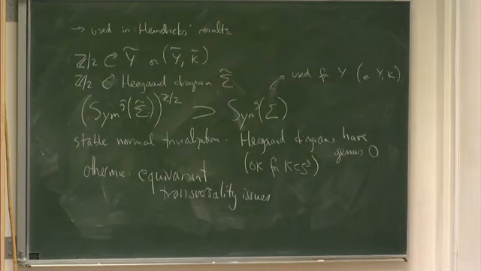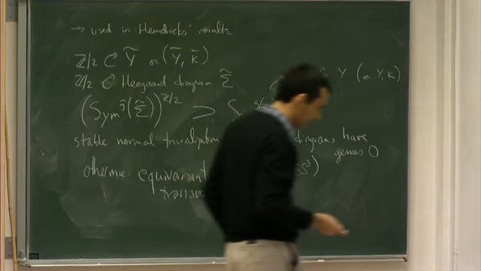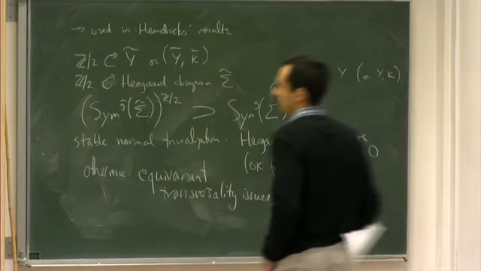Again, you run into these equivariant transversality issues. So somehow Morse theory is not the easiest thing to do when you try to do equivariant constructions. So what we did is we proved these results using the Seiberg-Witten Floer spectrum. And that's, well, let me say maybe a few words about that.